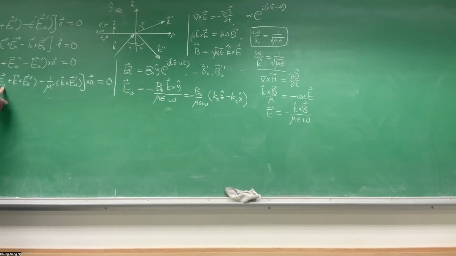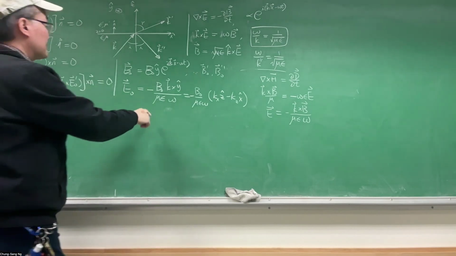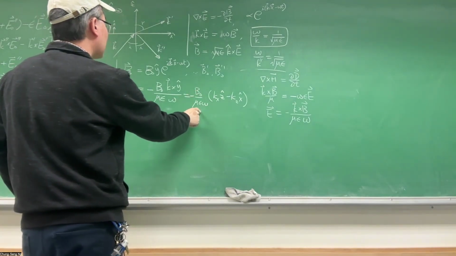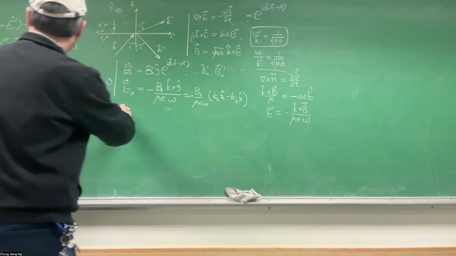Then we just need to figure out what the B0 is. B0 over omega is everything proportional to B0. And then you might as well need to figure out what B0 is related to E0.